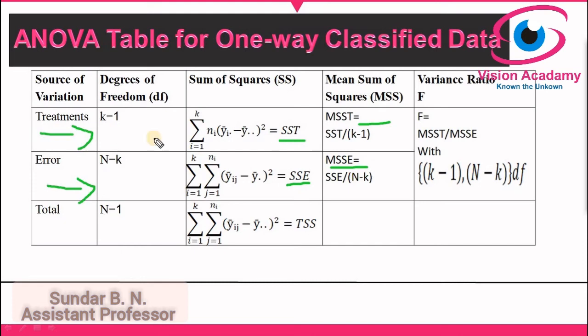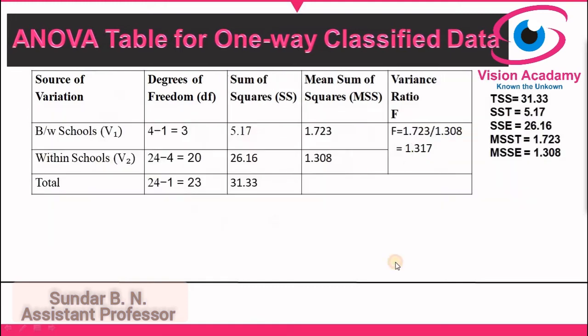For MSST we know the degree of freedom is K minus 1, for MSSE the degree of freedom is N minus K, and for the total, the degree of freedom is N minus 1. And here I will take the total sum of square, since we are dealing with this column of sum of squares. SST plus SSE is the total sum of square, and for the F ratio, MSST by MSSE gives us the F ratio.